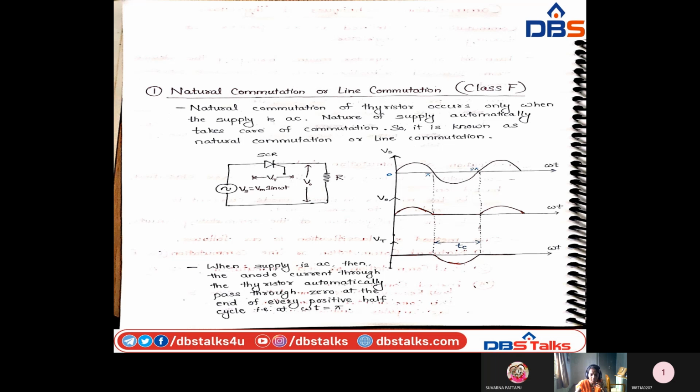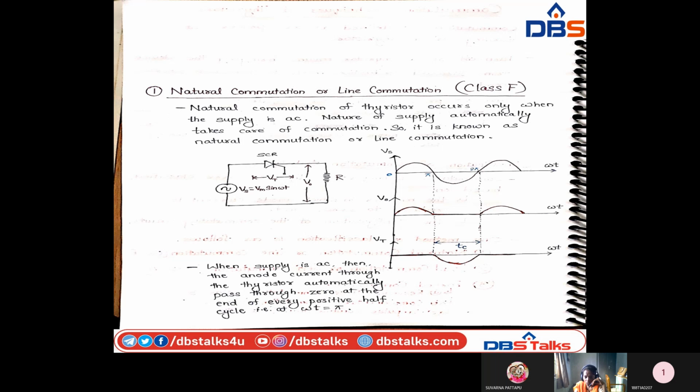Okay. So when the supply is AC, the anode current through the thyristor automatically passes through zero at the end of the half cycle. So here we are seeing a commutation, using a sinusoidal wave. In the sinusoidal wave, at first the thyristor will be turned on.